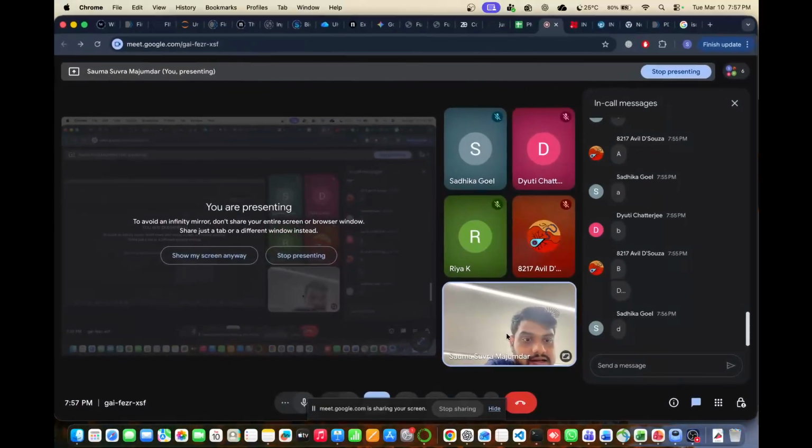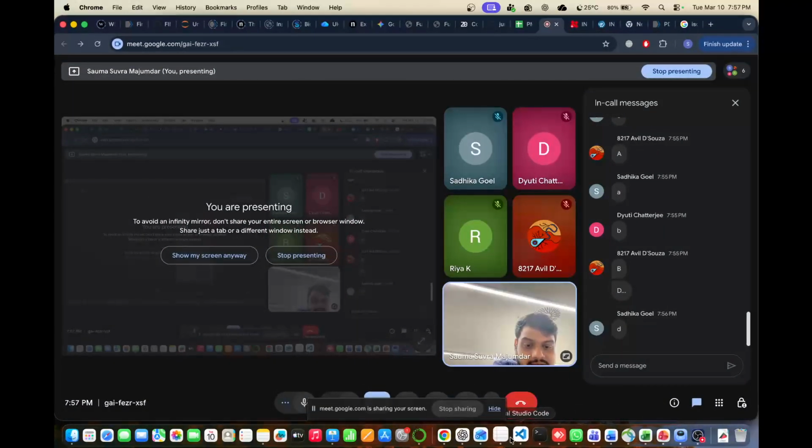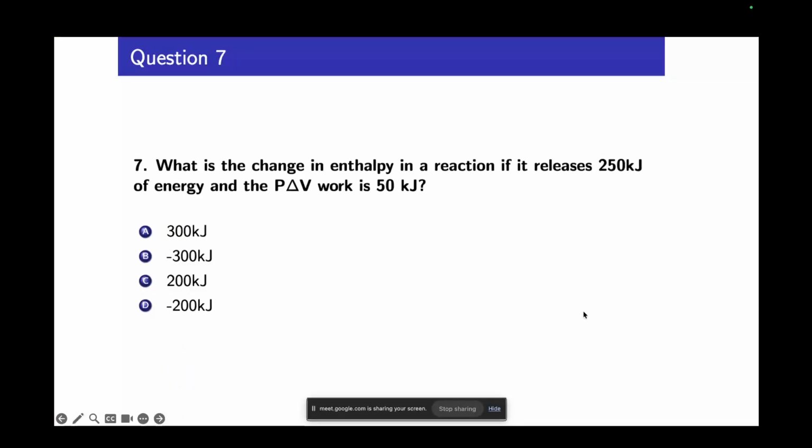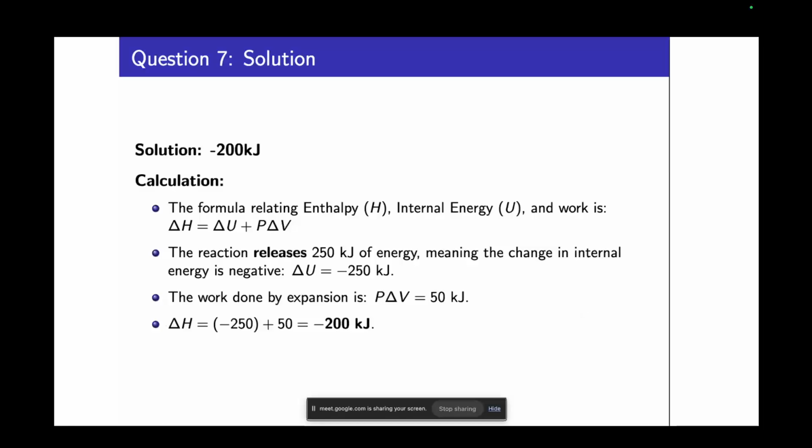Do we have any other answers? We have a B and a D. Okay. I think D is the correct answer, if I'm not wrong. So releases 250 kilojoule is negative. Delta U is negative for that, and you have a positive work.